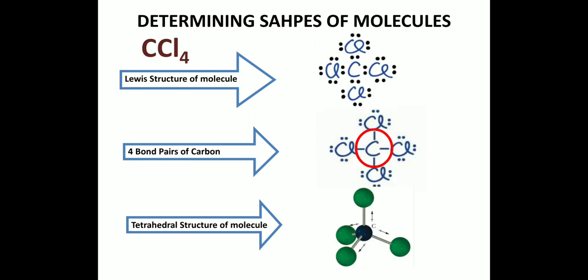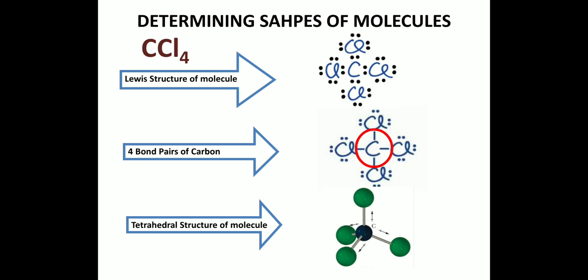Now we move forward. Carbon tetrachloride. First we draw the Lewis structure. Carbon makes 4 single covalent bonds with the 4 chlorine atoms. It makes a tetrahedral structure, and according to the table, if there are 4 bond pairs and no lone pair, the structure is tetrahedral and it is a non-polar molecule.